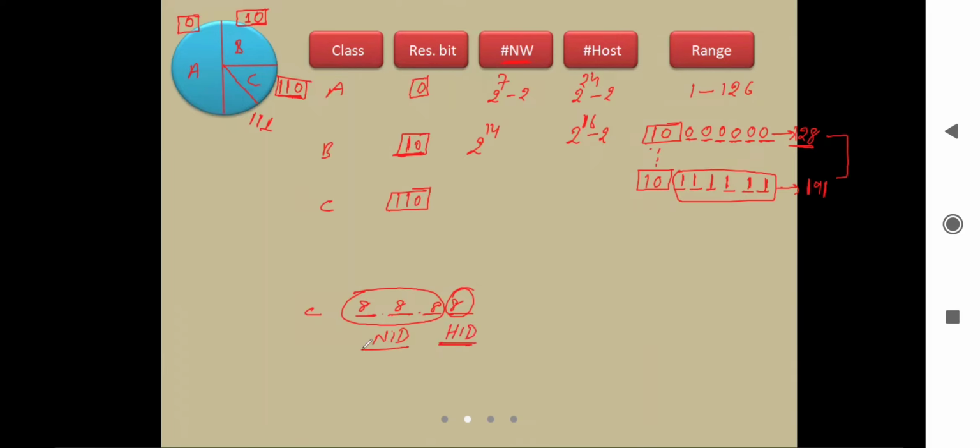Now with 8 plus 8 plus 8, that is 24 bits, out of that 3 bits are reserved, so we subtract 3 and the remaining is 21. With the help of 21 bits, 2 power 21 networks are possible. What about the number of hosts? Yes, tell me, how many hosts will there be?